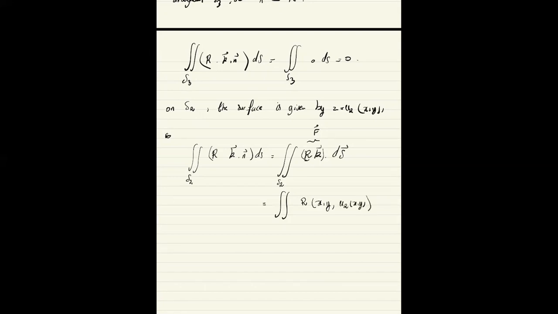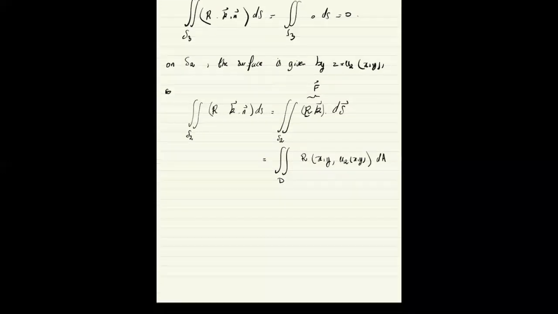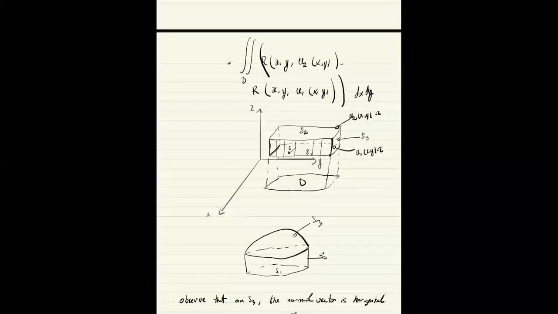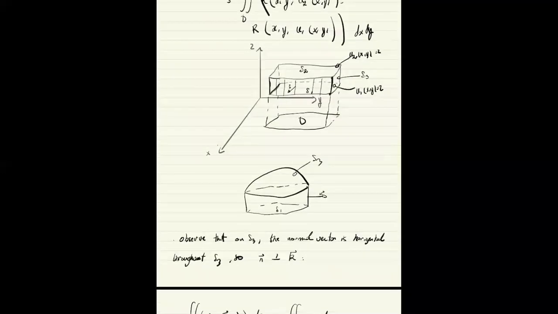Then you go through the parameter space, which is the projection on the XY plane. But you have to keep track of the fact that when you compute Ru and Rv, the formula I gave you uses the fact that the normal vector has a positive component.